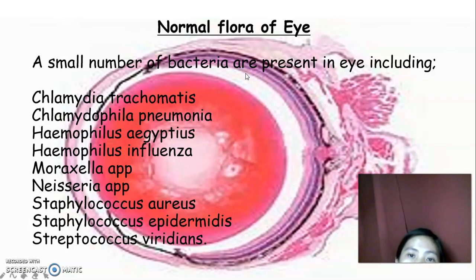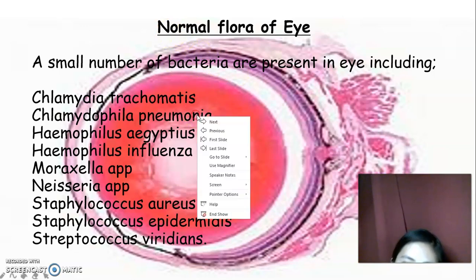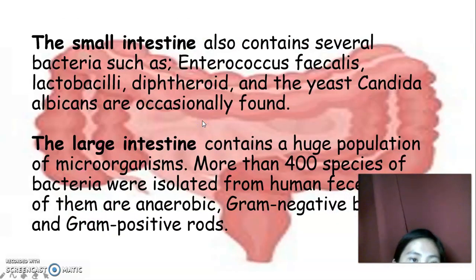Next is the normal flora of the eye. A number of bacteria are present in the eye. And next, the small intestine also contains several bacteria such as Enterococcus faecalis, Lactobacilli, and diphtheroids, and Candida albicans is occasionally found.